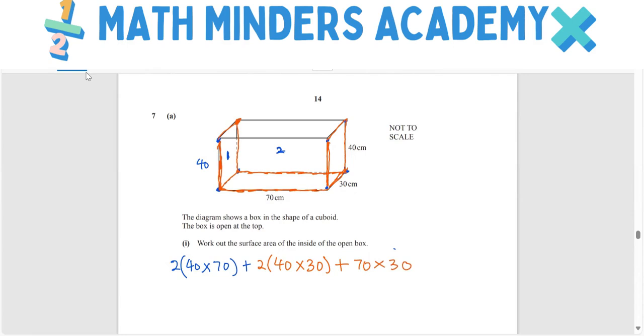So now, if we multiply out here, this is going to give us 2 times 2,800 plus 2 times 1,200 plus 2,100, okay? So this is going to give us 5,600 plus 2,400 plus 2,100.